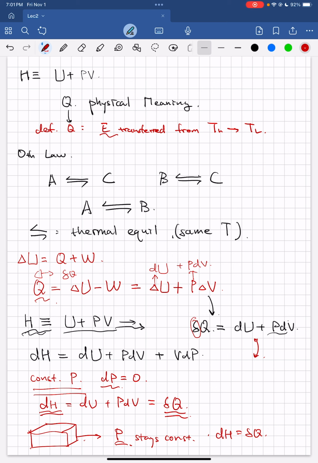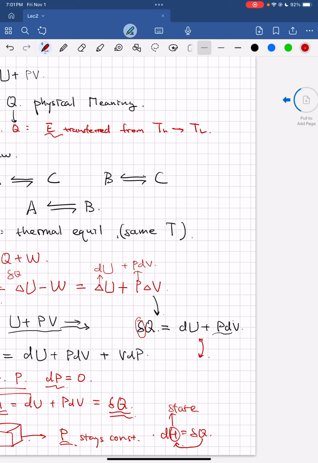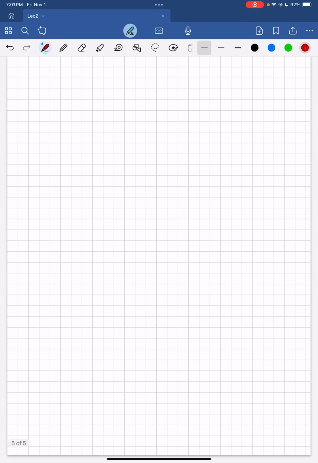And as I told you briefly in the last lecture, H is a state function. So we successfully converted a path function into a state function here. So now we can use the concept of enthalpy as a state function kind of expression of heat.